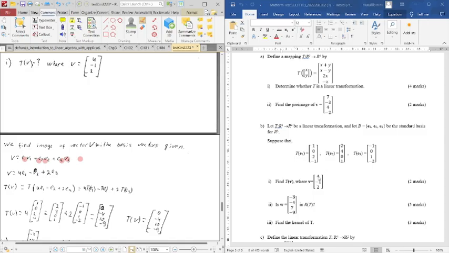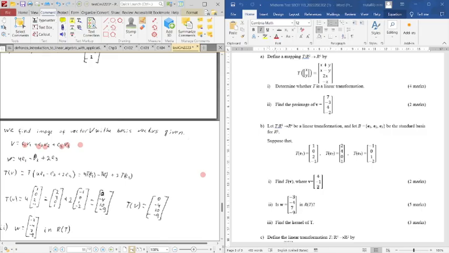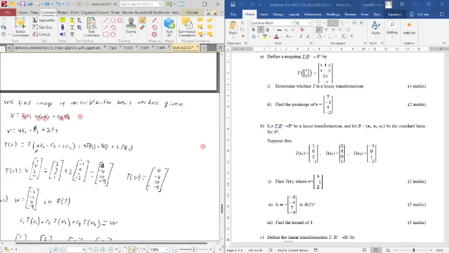So C1 is 4, C2 is negative 1, and C3 is 2. So we multiply them with the given transformations. As you can see, V will be equal to 4e1 minus e2 plus 2e3.